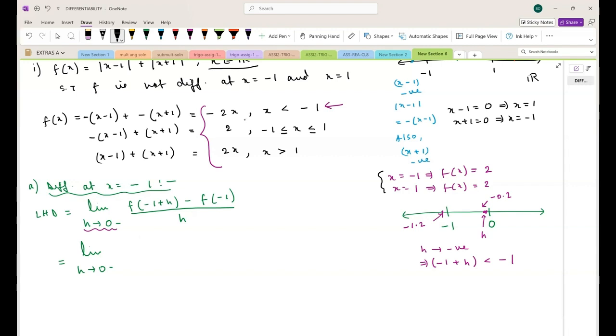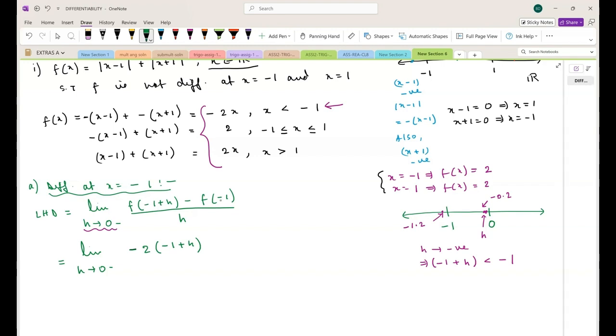Now that you know the first branch, you have to follow the definition of f(x) according to the first branch. That is minus 2x. So minus 2, instead of x you have minus 1 plus h. That is the first part, minus 2 times minus 1 plus h.